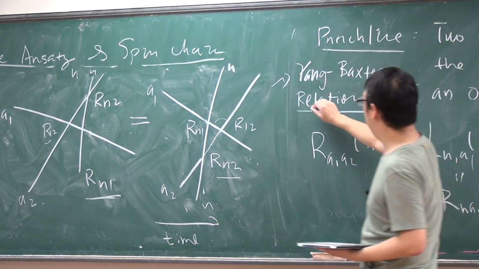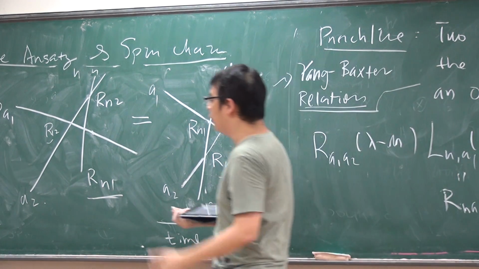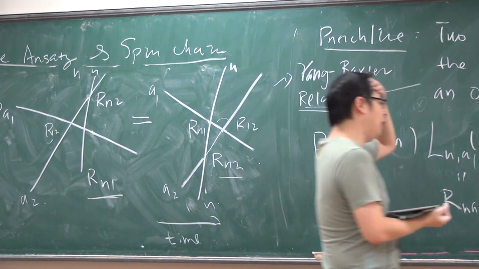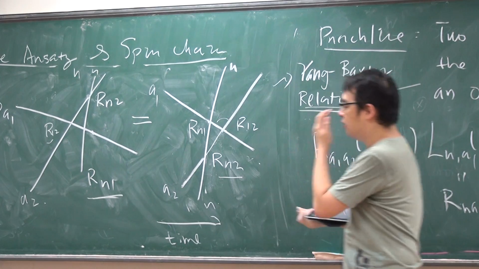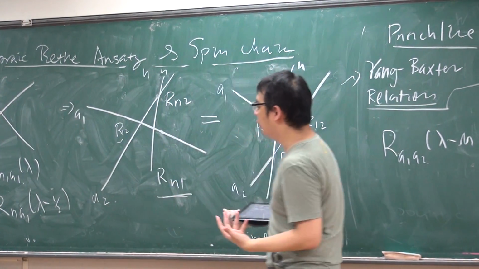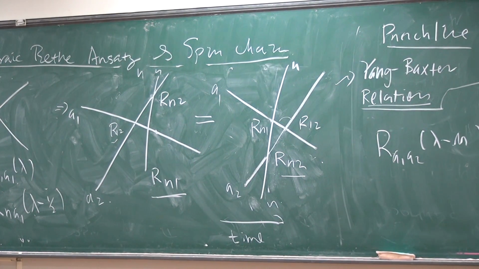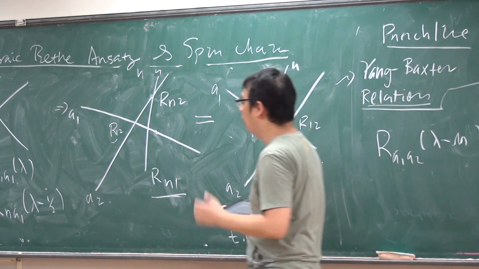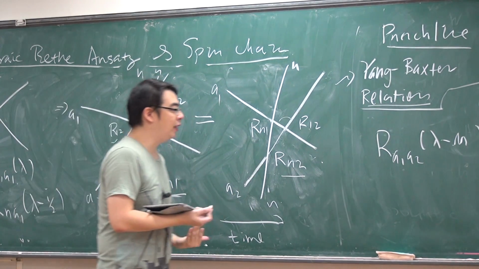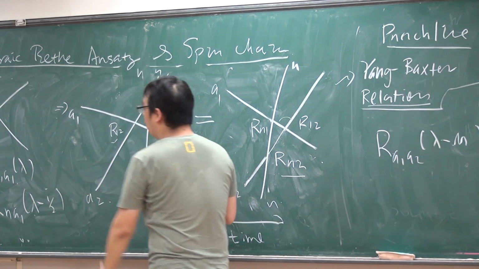It occurs in all sorts of contexts. For example, if you look at the scattering process in 2 dimensions, for each of those incoming lines there will be some particle with some given momentum. Those momenta are labeled by the spectral parameters lambda and mu. Each of those R matrices represents a scattering process taking place between these external particles.